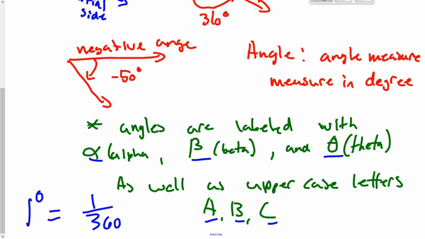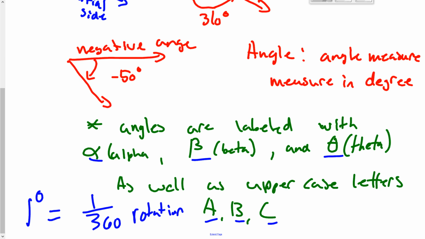Because 360 degrees is one rotation, so 1 degree is 1/360th of a rotation. And that means 360 degrees would be 1 full rotation.